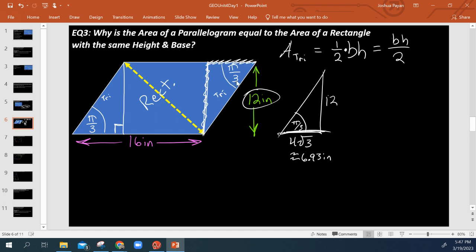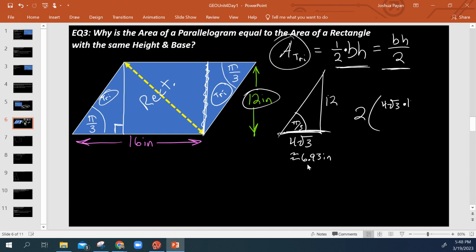And same thing from here to here. So now that we've got that, we can plug into this formula, which is a little bit more convenient for our purposes. And we have two of them, there's one here, there's one here. So I'm going to say 2 times the area, base times height, all divided by 2.